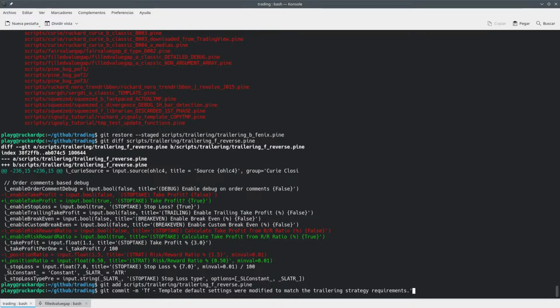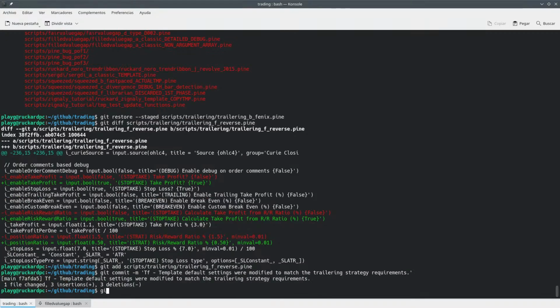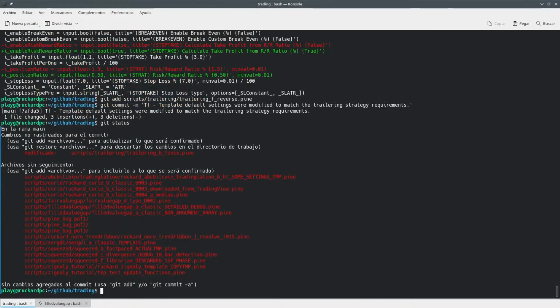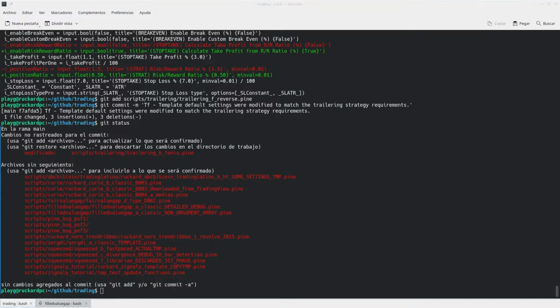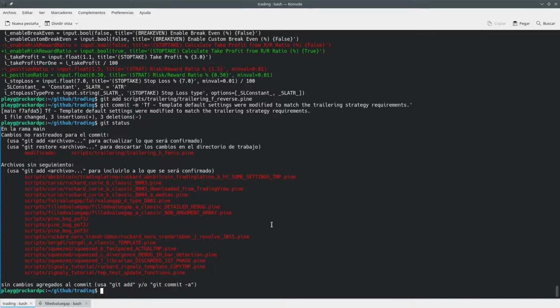Okay, so template default settings were modified to match trailering strategy requirements. That's nice. Then you've got the trailering specific inputs. Those ones we are going to copy manually because I don't think it's worth it.